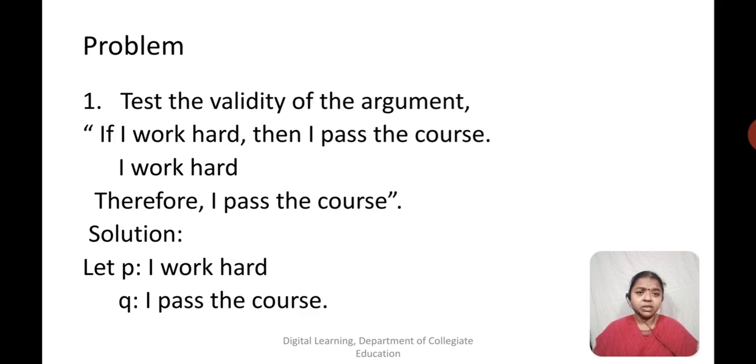The first statement is P implies Q. The second statement is I work hard, which is P. Since these are two premises, you have to add an and symbol. So it becomes P implies Q and P. We write this in the square bracket. The last line is therefore. Therefore is always written as implies. I pass the course is Q.